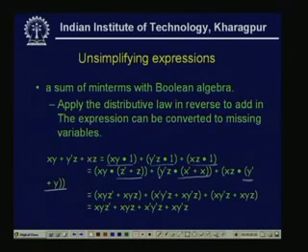Now, if I apply the distributive law, what will happen? xyz', xyz, x'y'z, xy'z, xzy', xzy.